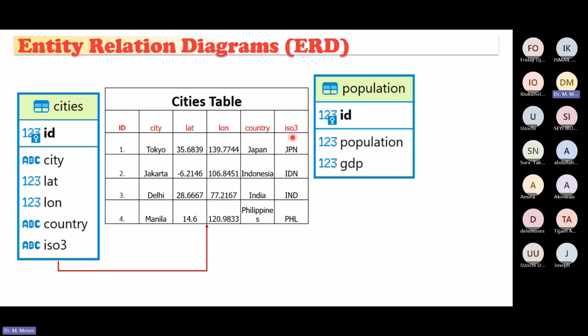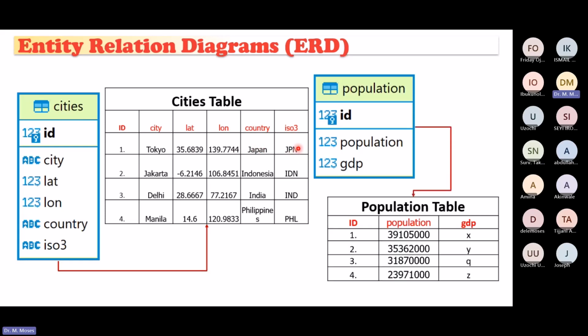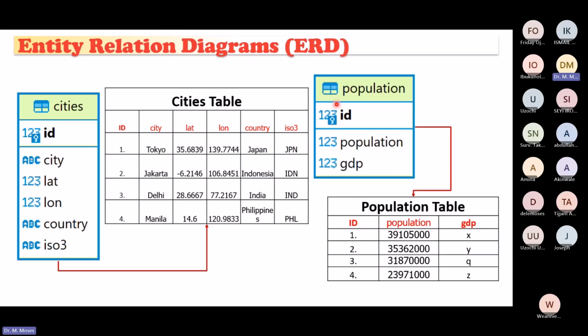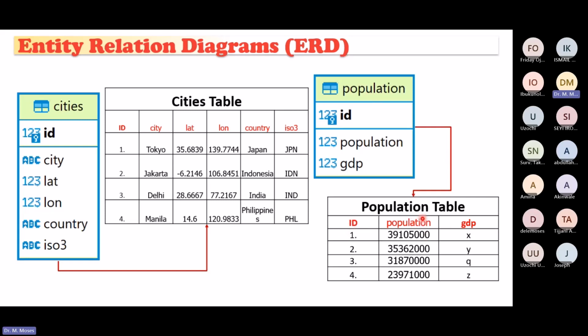The ISO 3-character name is JPN. Likewise, the population table. From the entity relation diagram, we now form the population table where we have the ID, population, and GDP. It is usually good practice to design your entity relation diagram for each table in your database, so that when you come to creating the database, you will know exactly what columns and what data type each of these is going to be.